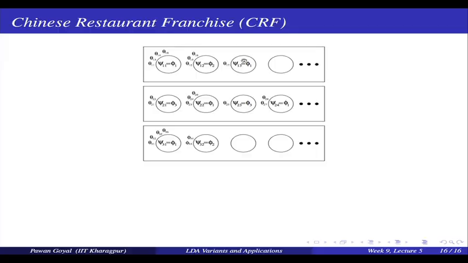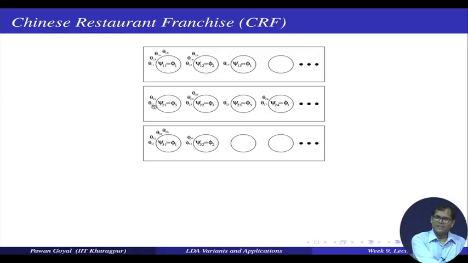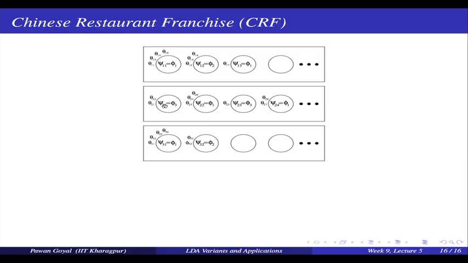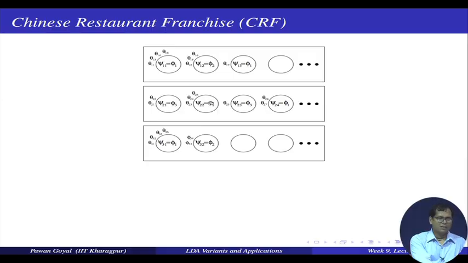So that means the same dish can be chosen at more than one table. Next, in the second restaurant, the first table chose dish phi 3, the second table phi 1, the third table phi 3 and so on. So it has certain different choices, and then in the third restaurant, the first table chose phi 1, the second table chose phi 2 and so on.